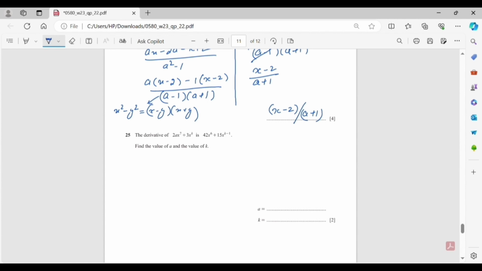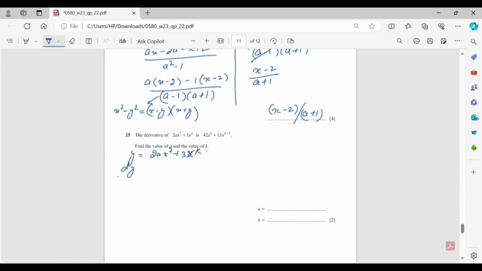The derivation of this is this. Find the value of a and the value of k. Now let y equal to 2a x raised to the power 7 plus 3k x raised to the power k.